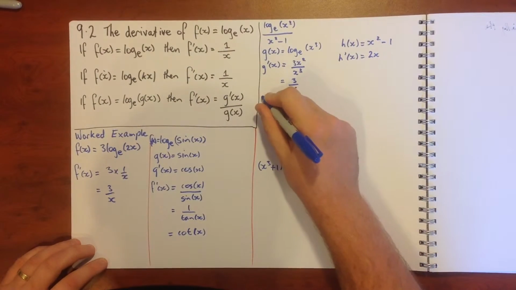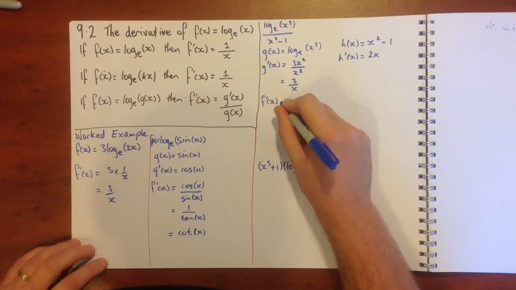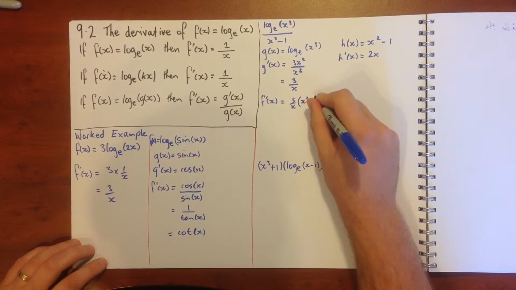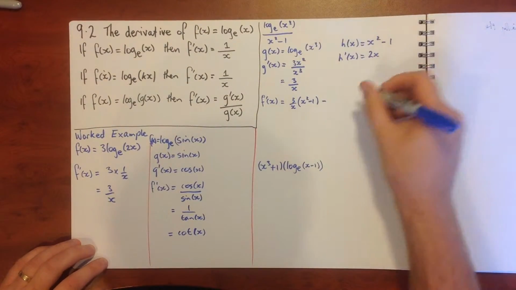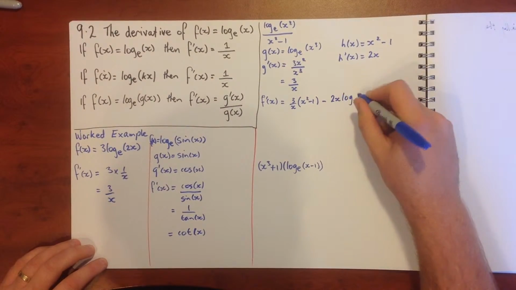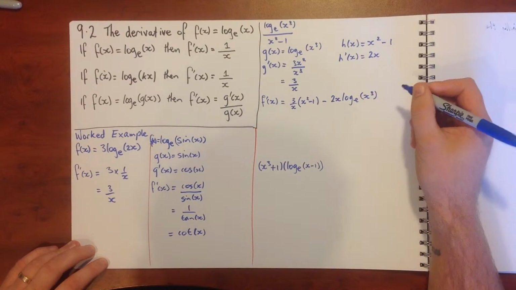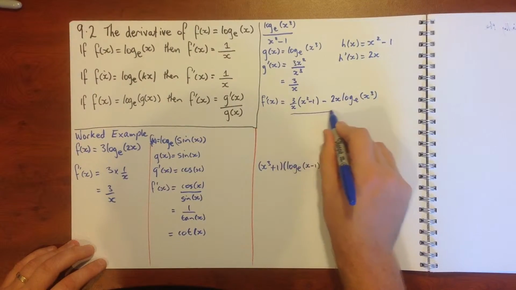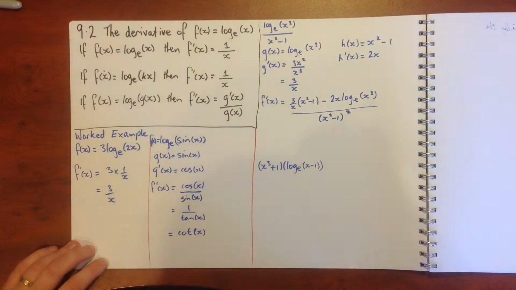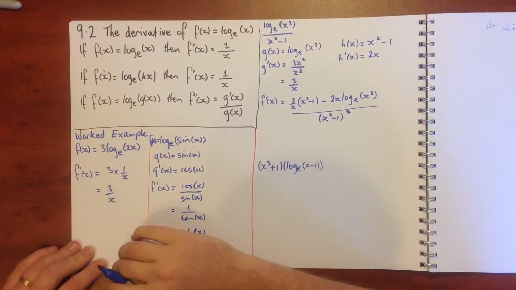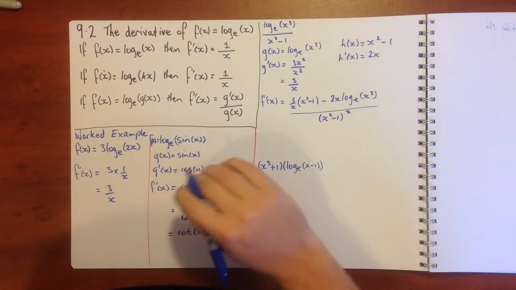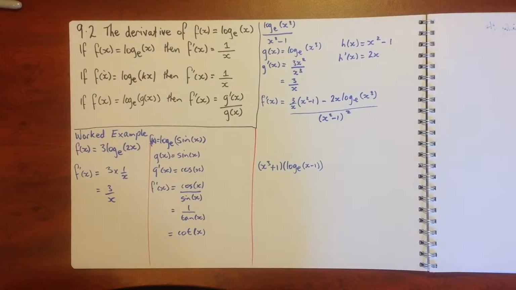So f dash of x is going to equal 3 on x times x squared take 1, minus this way, 2x log to the base e of x cubed, over our x squared minus 1 squared. Honestly, there's nothing really great that we can do here with this. It's pretty ordinary, to be honest. I'll see if they simplify it any further, but I don't know that they do a heap.